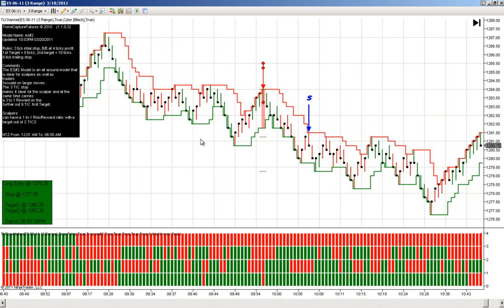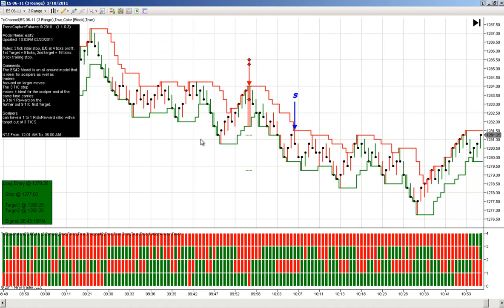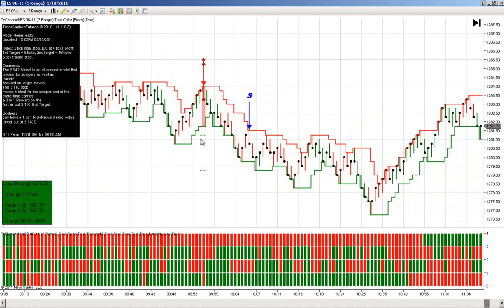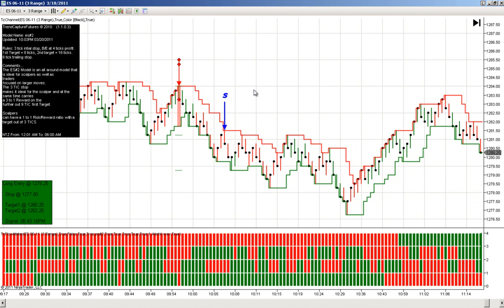I don't use the break-even stop because this is only a 3-tick stop on the ES, and it's so small that to me it's not worth missing out on some larger moves just for the sake of saving 3 ticks. This is the next secondary signal. This is your primary right here, and this was your first touch and reversal after the primary.